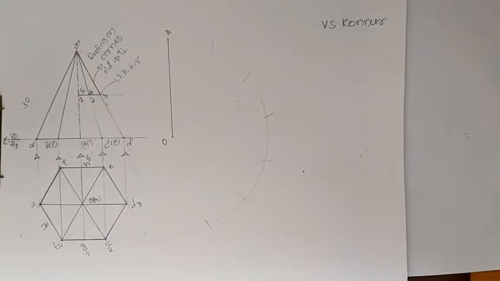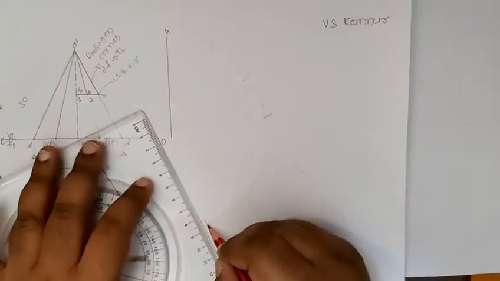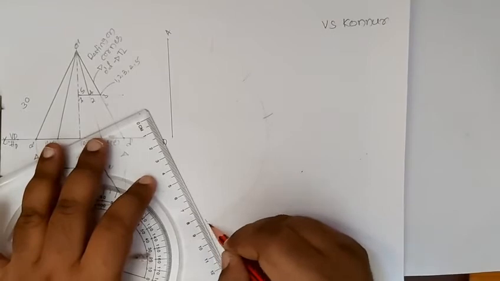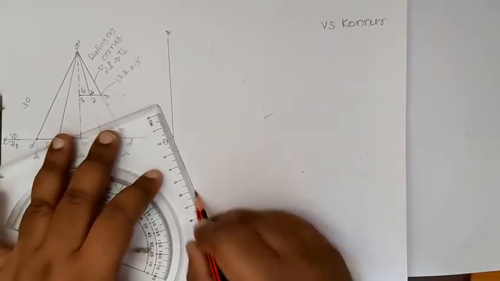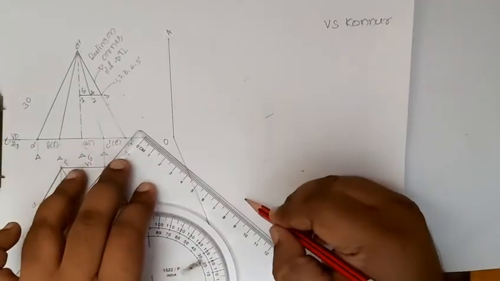Now I will join each arc point to the O. With thin line I have to join.